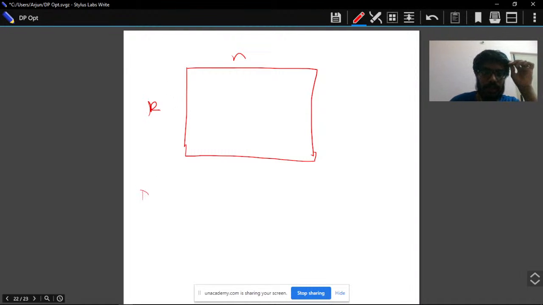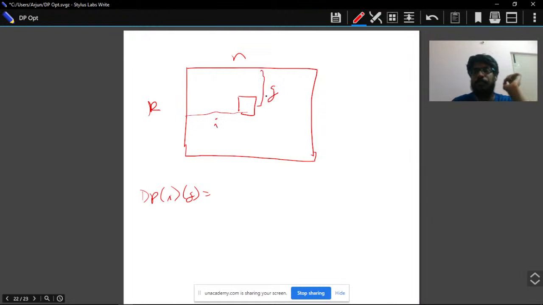So dp[i][g] would be the ith column and gth row. Yeah, it's slightly different from our usual convention, at least my usual convention is the opposite, but let's go with this for now, right? Ith column and gth row is my dp[i][g].